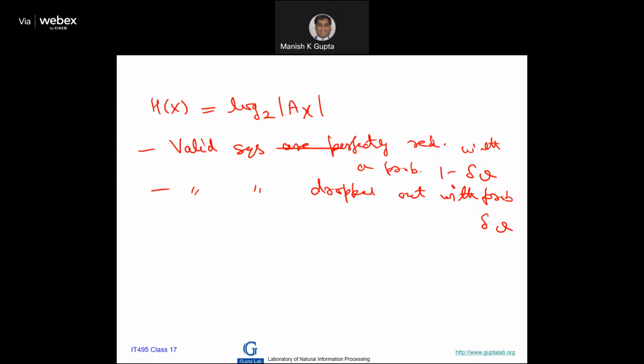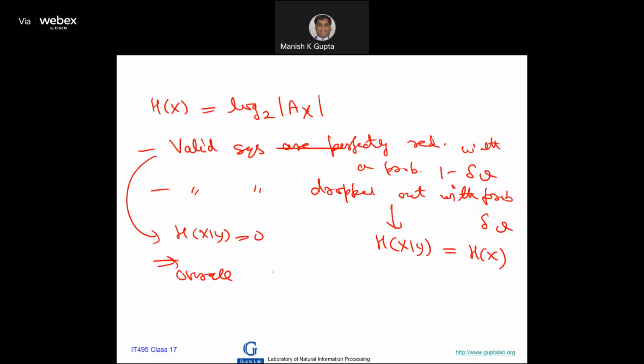Now we go to the PCR region, right? So the valid sequences are perfectly received with a probability 1 minus delta V and dropped out with probability delta V. That is the erasure channel, right? So this gives H(X|Y) is 0 in the received case, and the overall conditional entropy I can compute. This will be delta V times H of X.